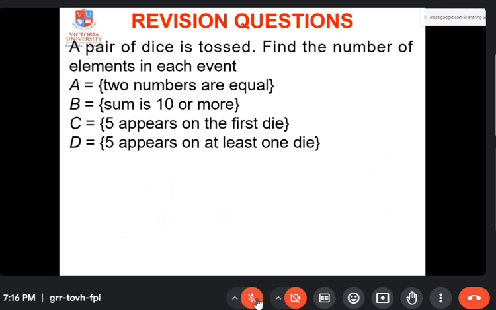Yes, please. And 1-5. 5 appears on the first die, so when you say 1-5, it means a 1 is on the first die. So what do we have on the first? 5 appears on the first die. So we have 5-1 only?